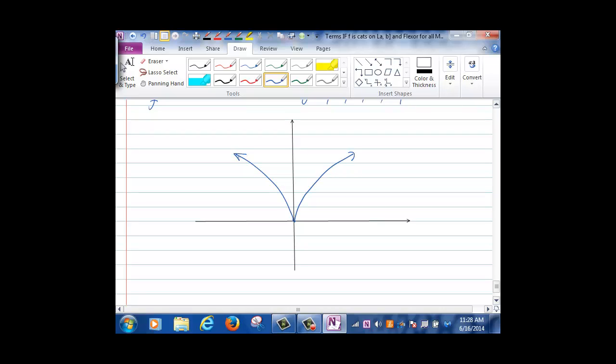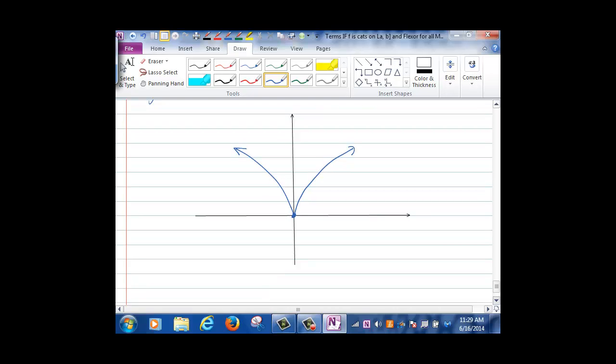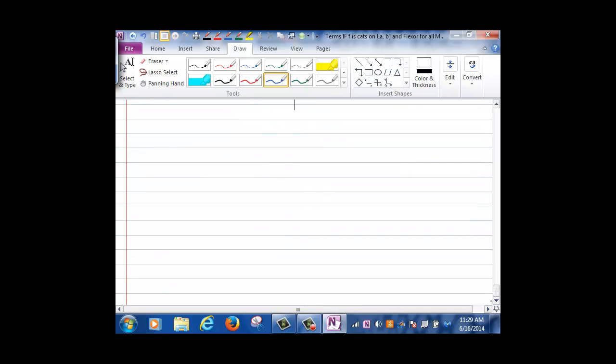So up to 0 the function is decreasing, and after 0 the function is rising, it's increasing. Is everybody okay? It is defined and continuous at 0. Okay. Any questions on what we did there? Okay. Example.